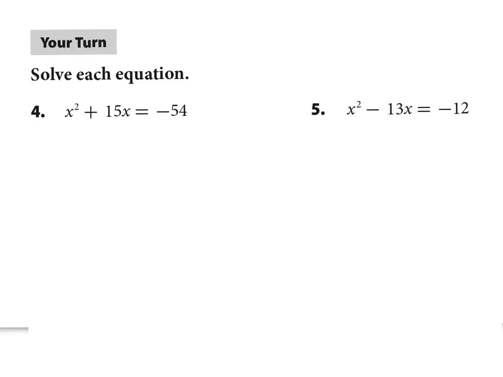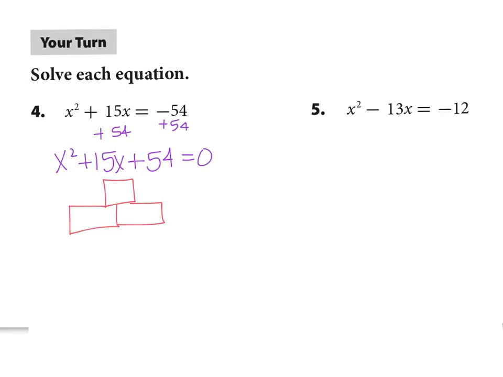So on question 4, need it to equal 0 first, so I'm going to add 54 to both sides. X squared plus 15x plus 54 equals 0. I'm going to set up my puzzle. The top number is 54, comes from the end. My bottom number is 15, comes from the middle.